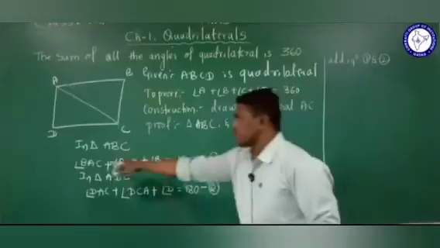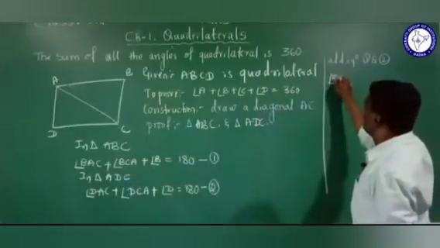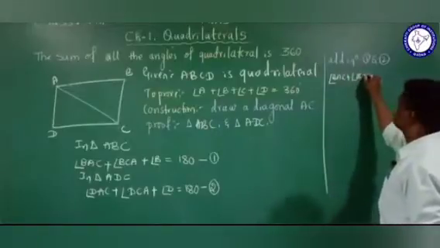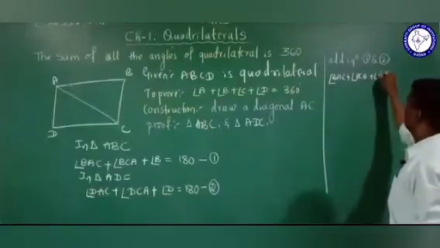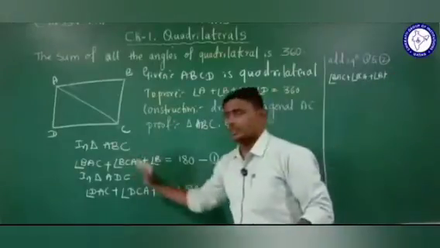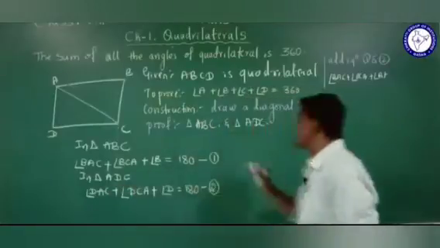Write the first equation. Angle BAC plus angle BCA plus angle B. Write the LHS part only first: LHS part of the first equation. Next, the LHS part of the second equation. What is that?